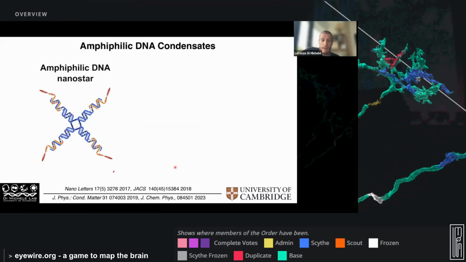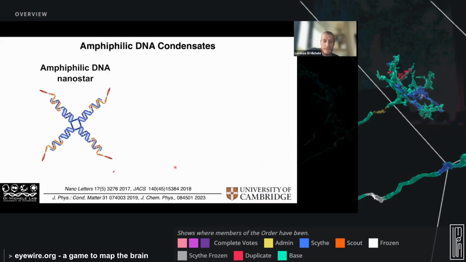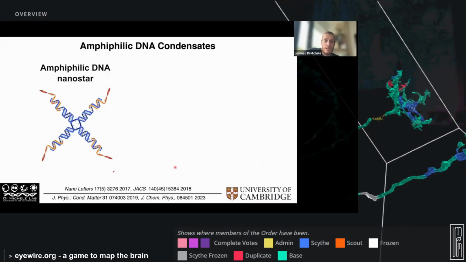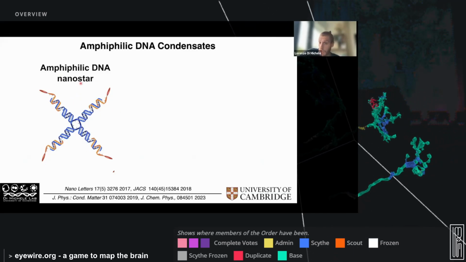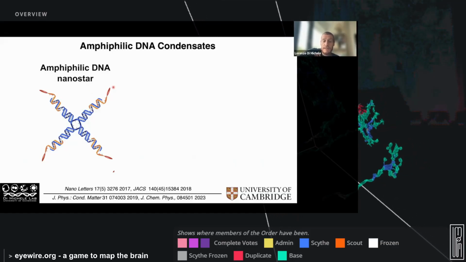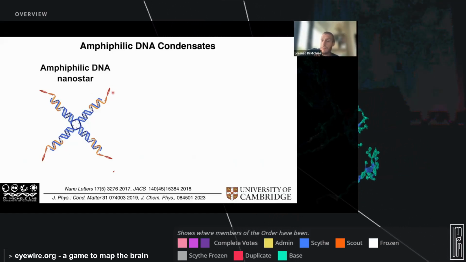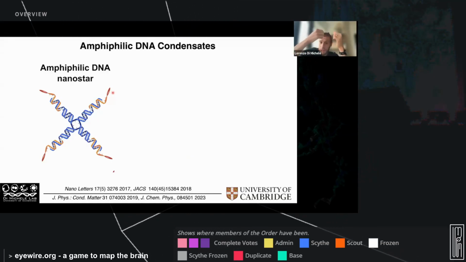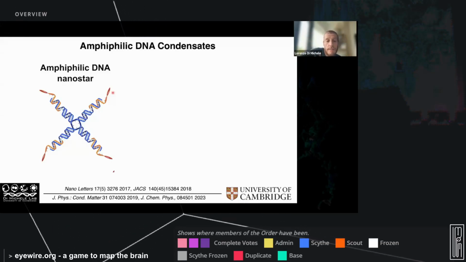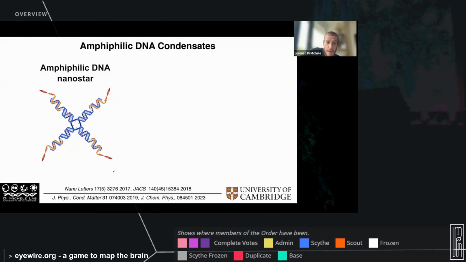So we have made our little contribution to this particular strategy, introducing a variation on the theme of these DNA junctions that people call nanostars by replacing these sticky ends with hydrophobic molecules that by and large behave in the same way. They bind to each other hydrophobically instead of having a selective base pairing.